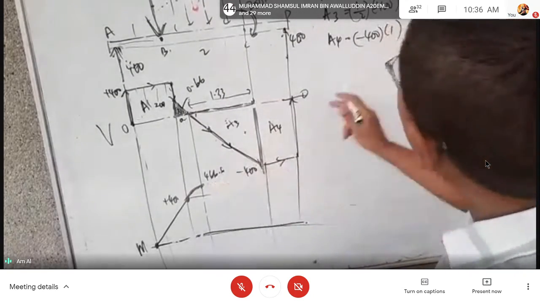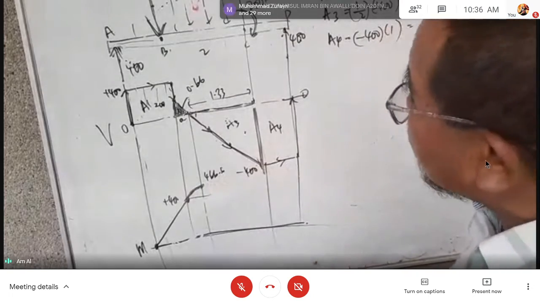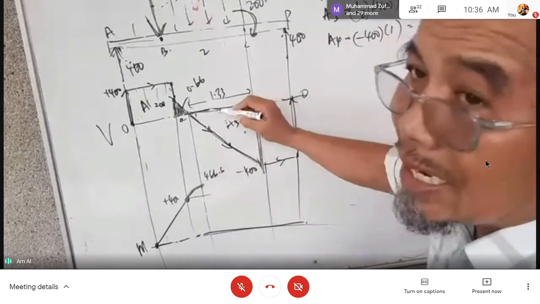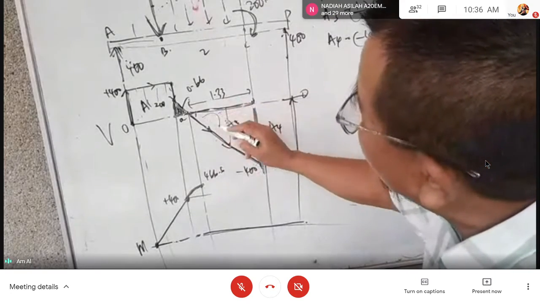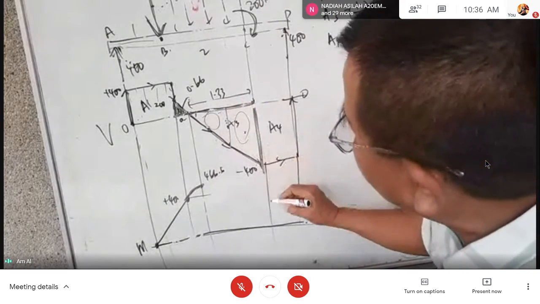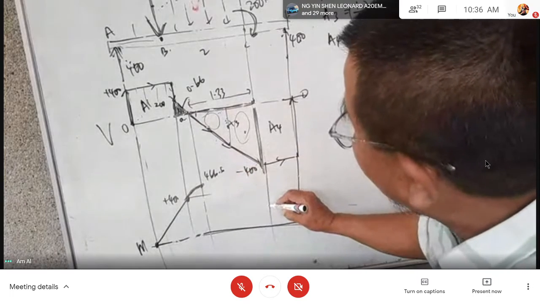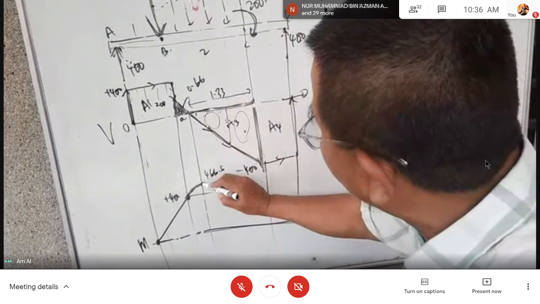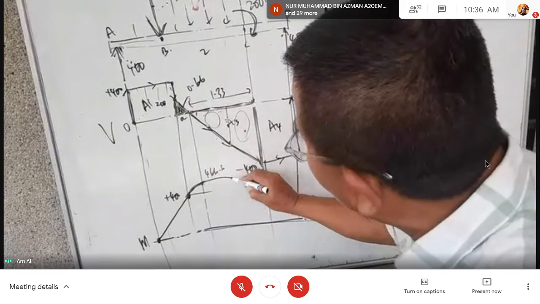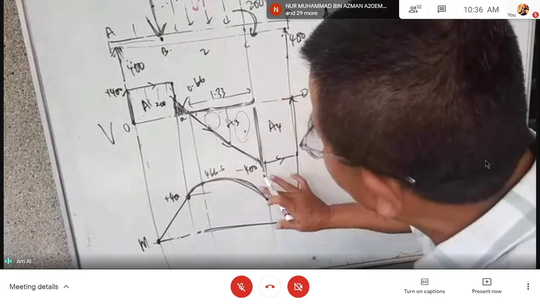From 466 you go down to 266. But this one is not a straight line because this is a triangle. The first area is smaller, the second area is bigger. So the graph must go until positive 200. That's how the graph looks. Yeah?